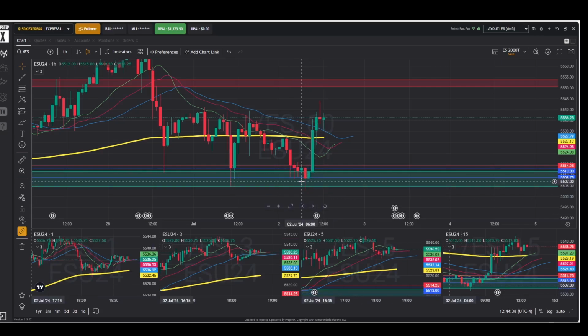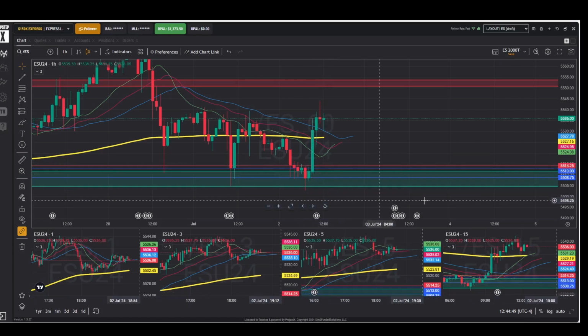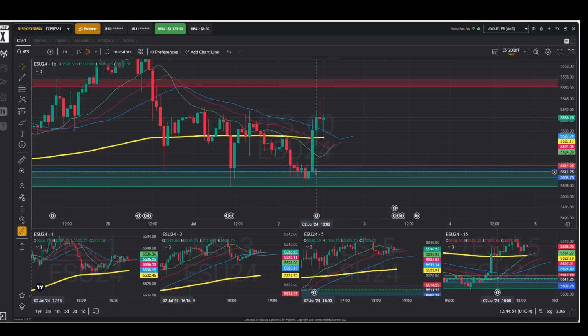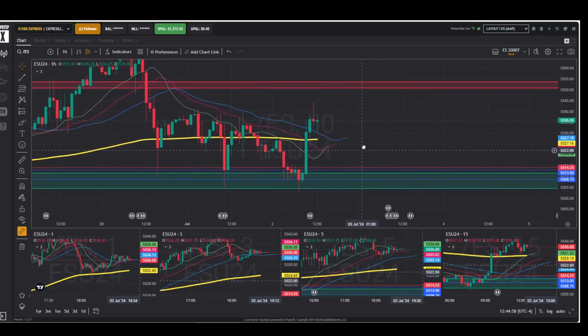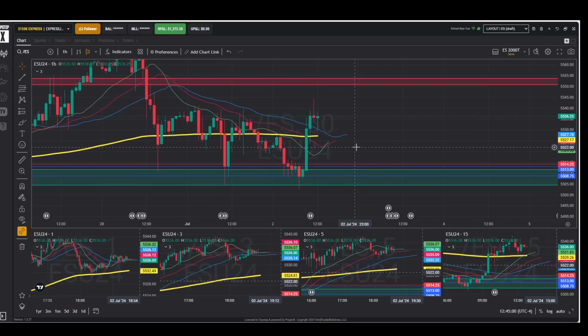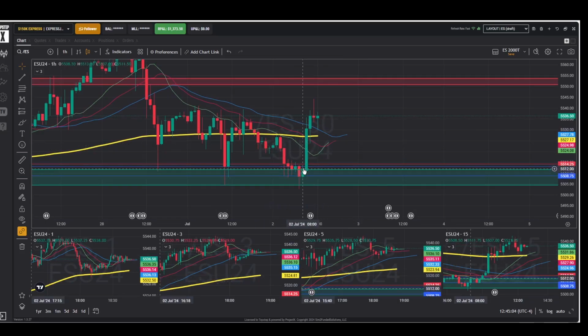So I entered around here at 08.75, and when the price went in my favor, I added the second contract on 5513, and you can read about this in the discussion channel of the Discord, that I just basically chickened out because after I added the second contract, it looked like it's going against me.